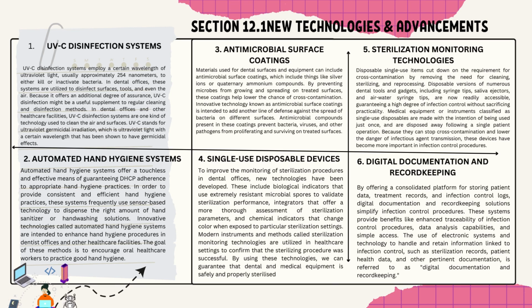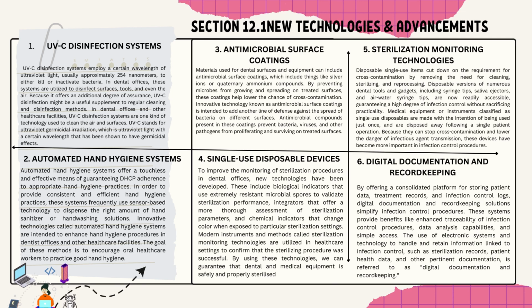These are substances with antimicrobial properties, such as silver ions or quaternary ammonium compounds, incorporated into the materials used for dental surfaces and equipment. These coatings help inhibit the growth and spread of microorganisms on treated surfaces, reducing the risk of cross-contamination.